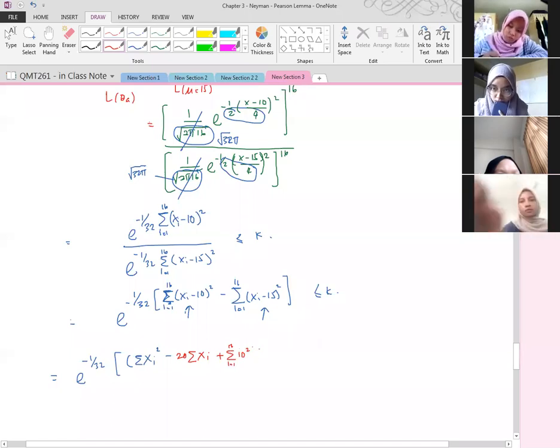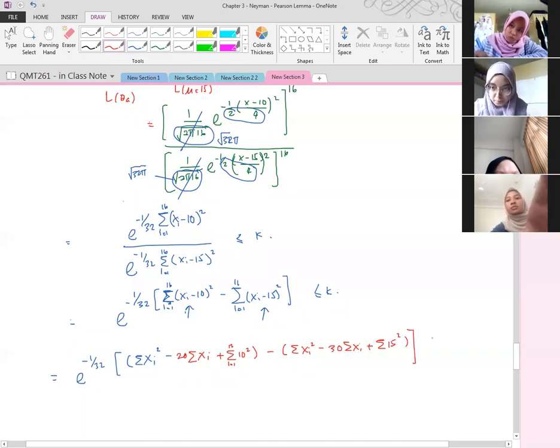So this is the first, and we need to minus summation of xi to the power of 2, negative 15 multiplied with 2 is 30 summation of xi, and plus summation of 15 to the power of 2. So this is the expanded version.